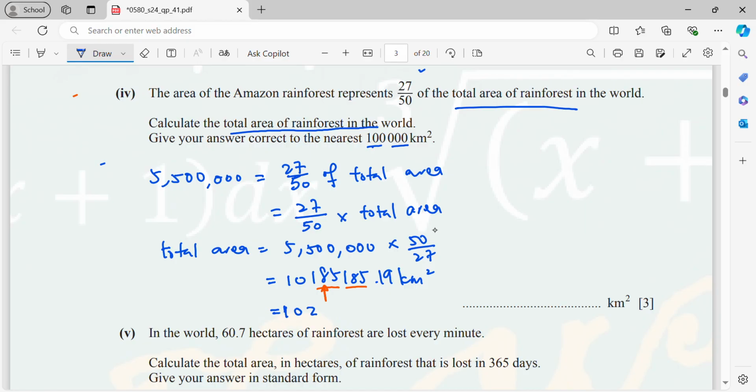Because the 8 is greater than 5, instead of 18, you change the 18 to 20. So 10,185 changes to 10,200, followed by another 000. So it will be 10,200,000 kilometer squared. That is the total area correct to the nearest 100,000.